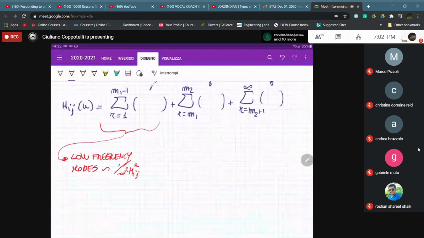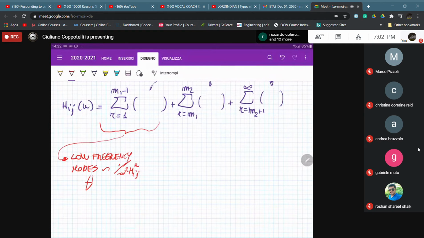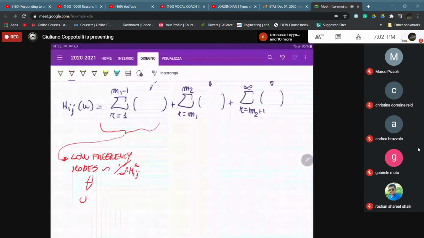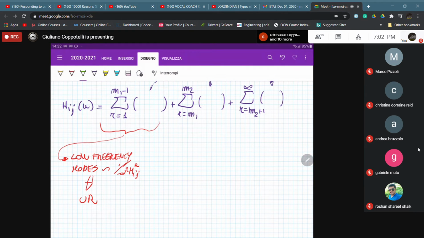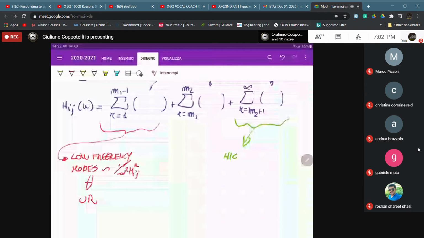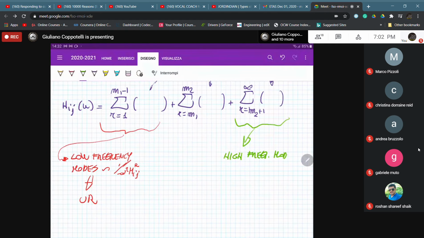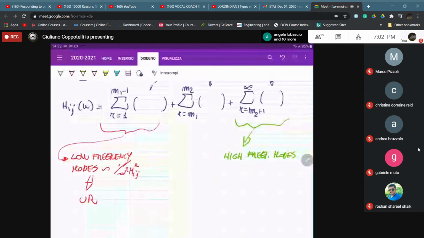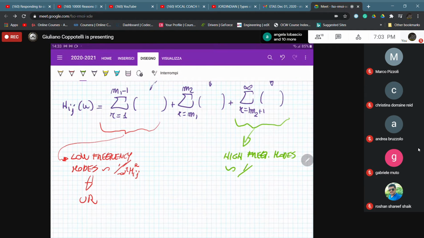Therefore these are what we are having, the upper residuals. On the contrary, this last term in the summation is representing the high frequency modes, okay, that are proportional to the stiffness line, so 1 over k_jr, the flexibility actually, okay, and these are the contribution of the lower residuals, okay.